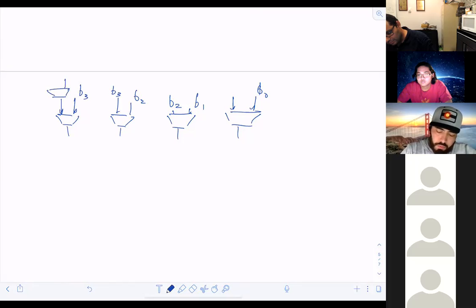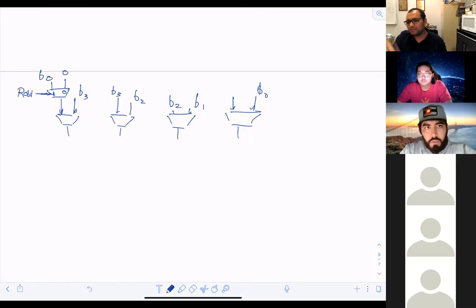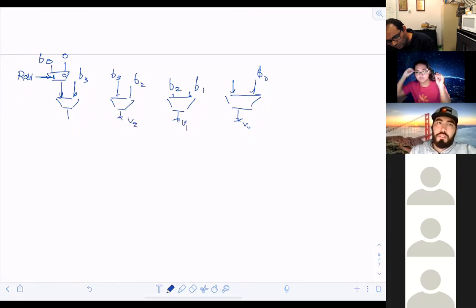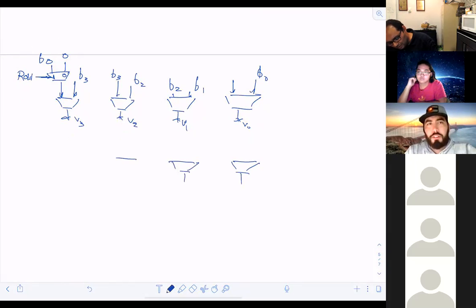You see that? 0, 1, 0, and B0. And here I see what, rotate or shift. Okay, and then you will go here V0, V1, V2, V3. That's actually really cool how you did it so easily. See, it's a piece of cake, right?